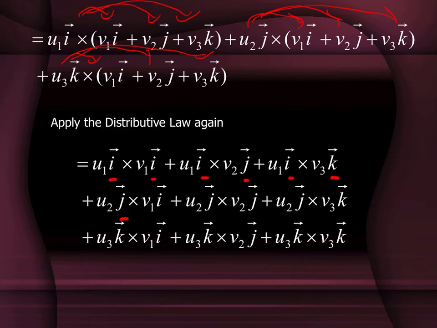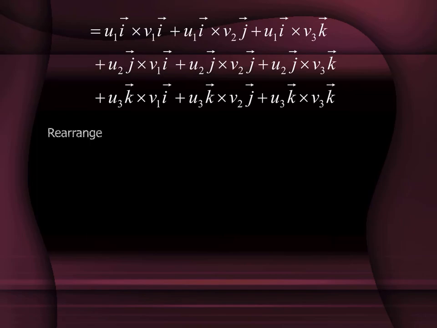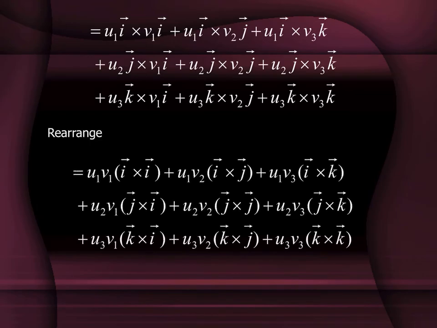But take a look at each individual pair. Each individual pair has combinations of ii, ij, ik, ji, jj, jk, ki, kj, and kk. And what happens is, when you multiply those each individually doing the cross product, you'll get just what I said, i cross i, i cross j, i cross k.